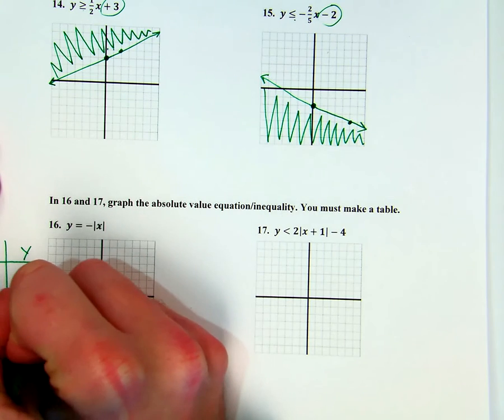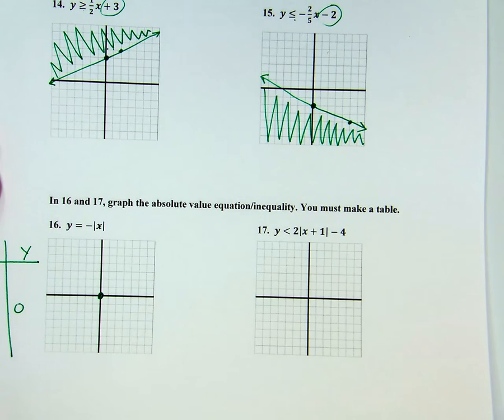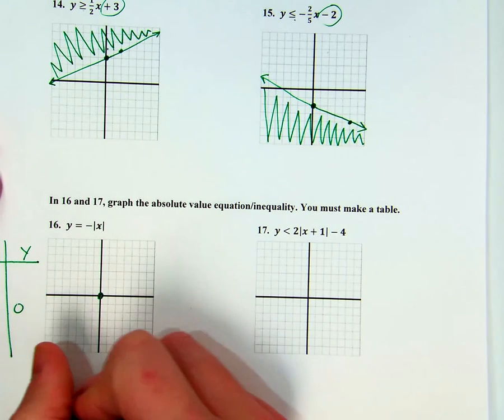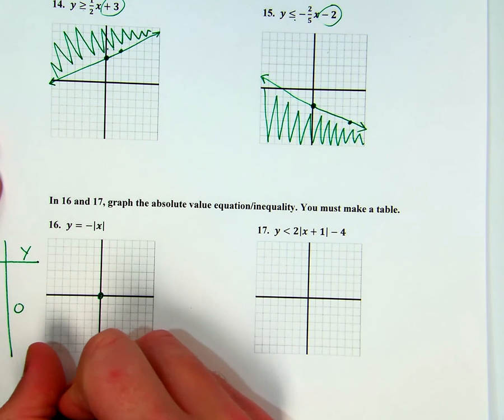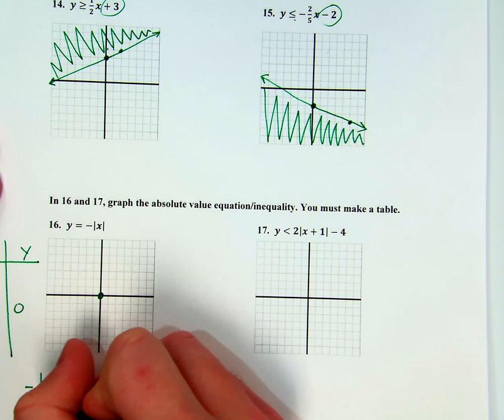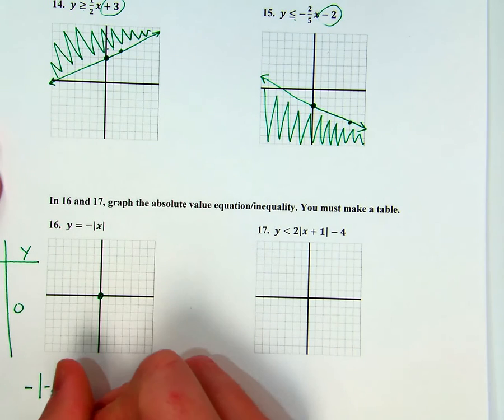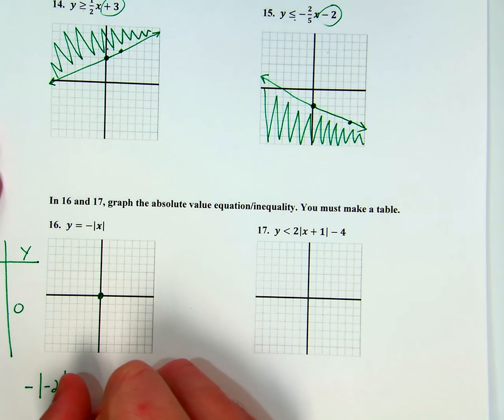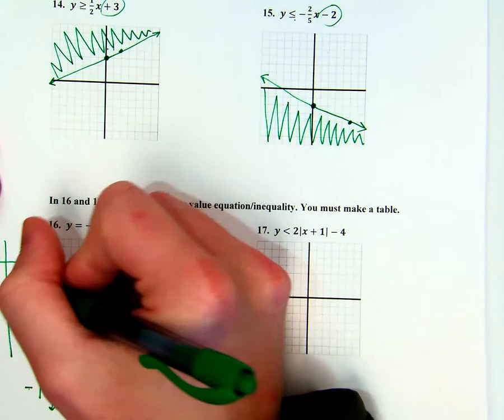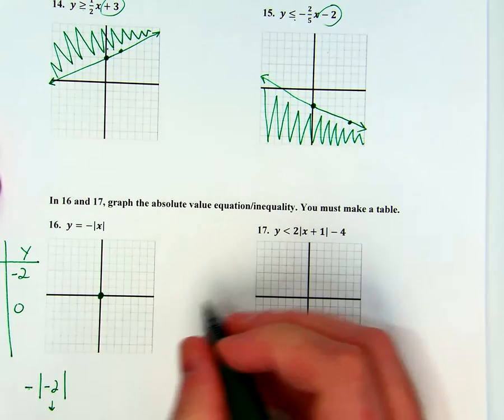We're going to have to fill in the table for x values on either side of 0. So first we'll say negative absolute value of negative 2. I changed x to negative 2. So the absolute value of negative 2 is positive 2, and then if we bring down the negative sign, it makes it negative 2 again.